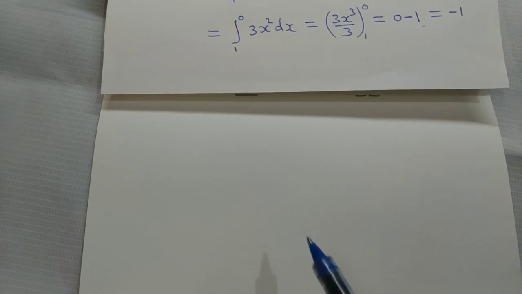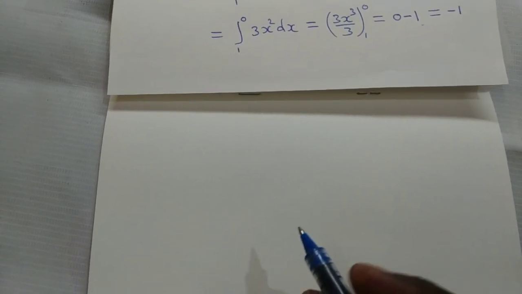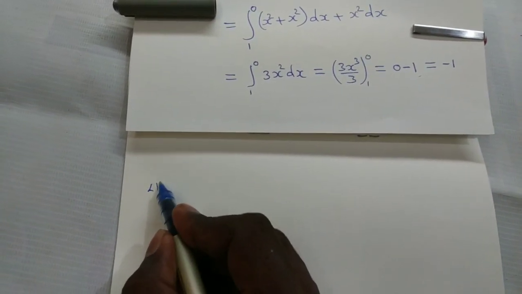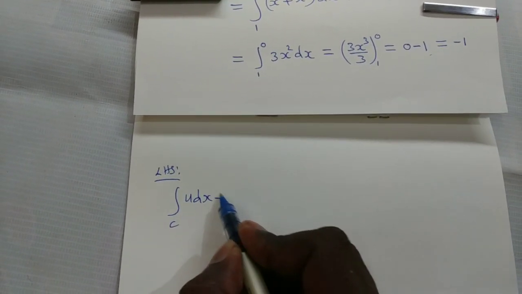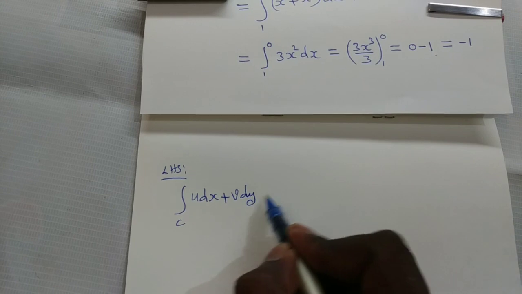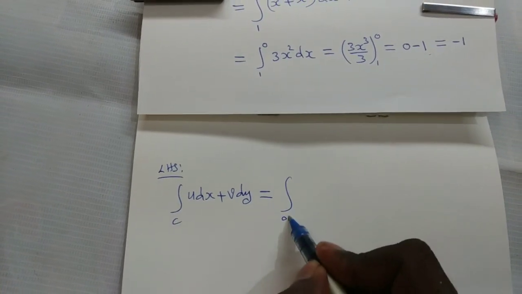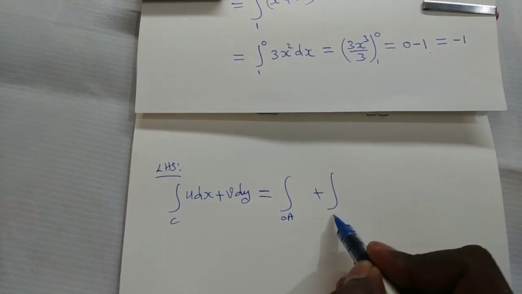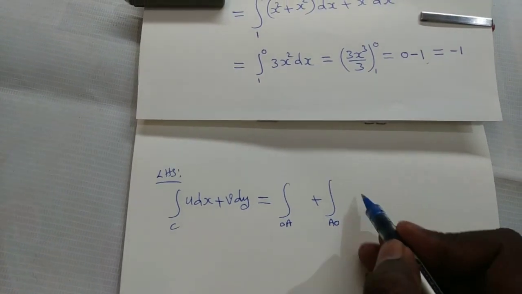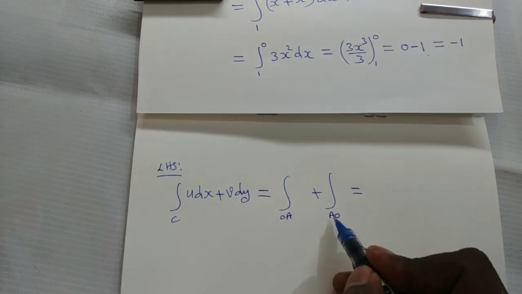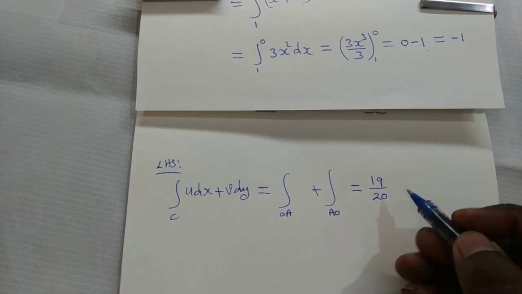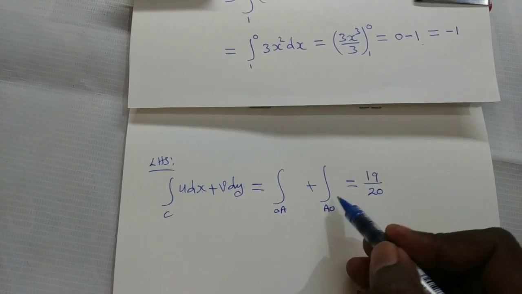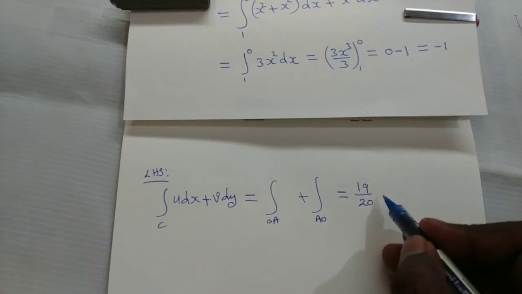Okay, so after obtaining along AO, I am going to find the LHS. The LHS is the integral over C of u dx + v dy. It is along OA plus along AO. We already found along OA is 19 by 20, and now we found along AO is minus 1.